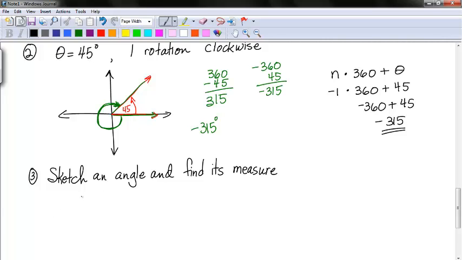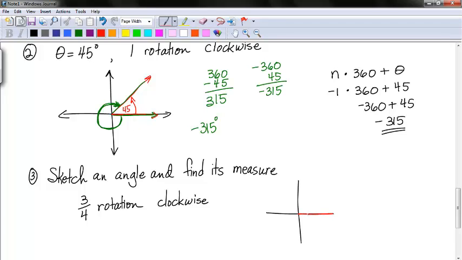Let's say they give you 3/4 of a rotation clockwise. Sketch the angle. Just sketch, and we're still in standard position. 3/4 of a rotation clockwise.